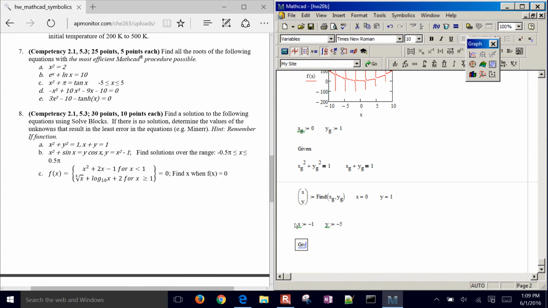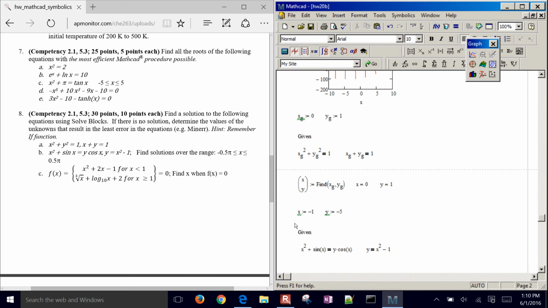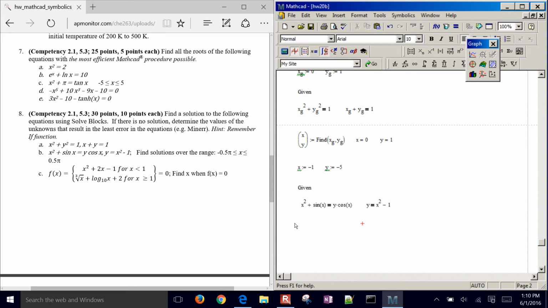Let's go ahead and just put our given statement there, and then our x squared plus, let me get this right, x squared plus, okay, sine of x equals y times cosine of x. Okay, there's our first equation. Now our second equation is going to be y equals x squared minus 1. Okay, so there are the two equations.